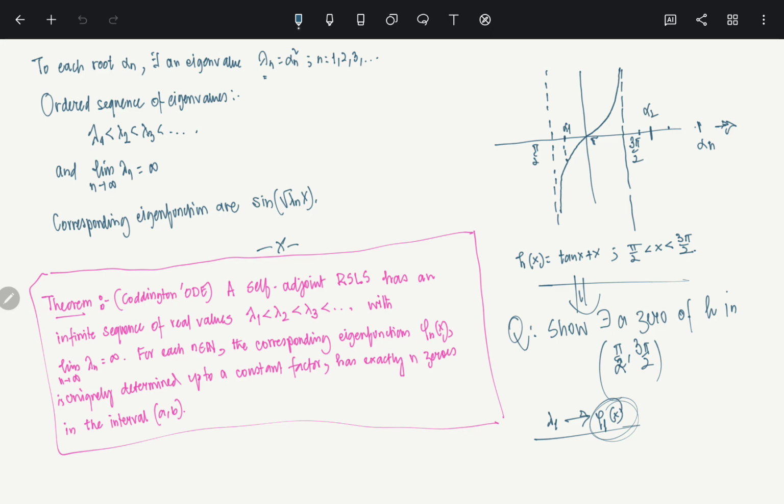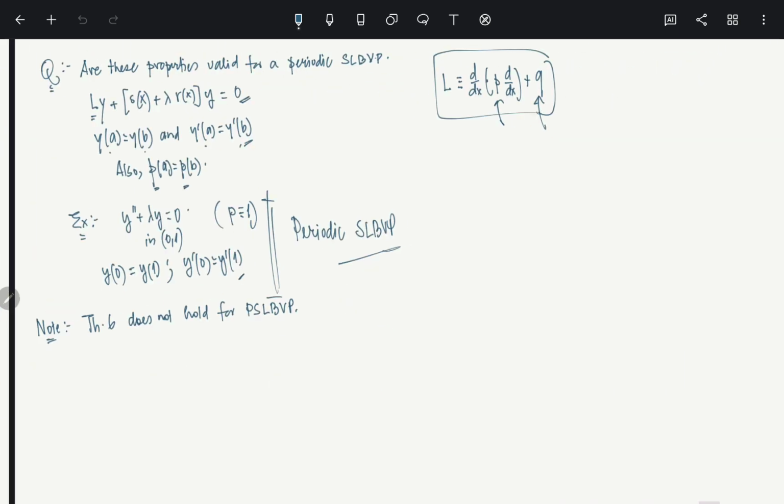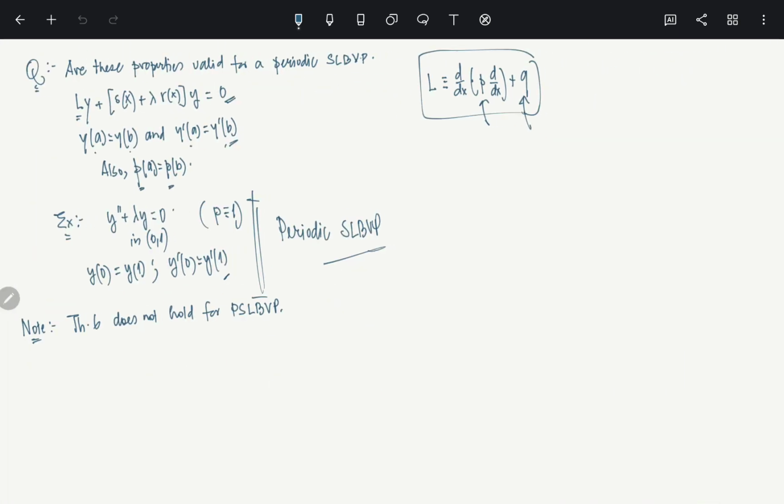For the regular problem, you have all these theorems: the eigenvalues are real, orthogonality is there between eigenfunctions, one eigenfunction is a constant times another, and the existence theorem is there. All of this is not true for the periodic problem. Most importantly, theorem 6 does not hold for the periodic boundary value problem.